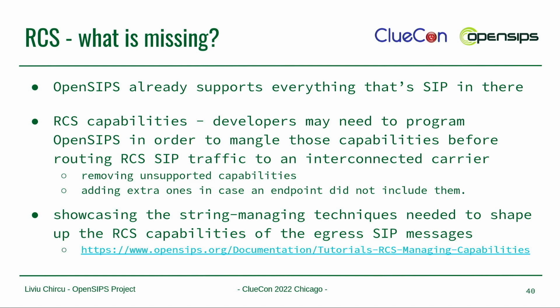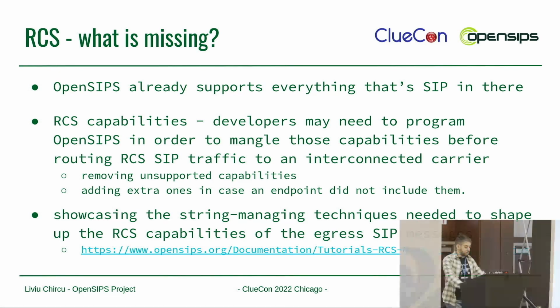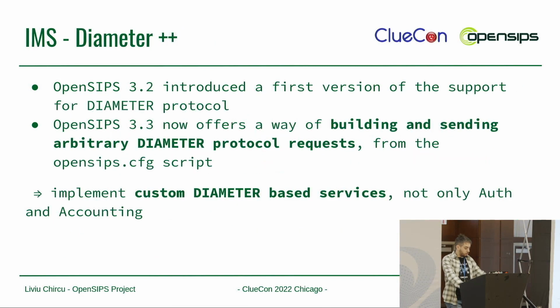For example, when doing an interconnect between RCS providers, each OpenSIPS will advertise using OPTIONS the RCS capabilities it knows. So you will probably need to do some programming to mangle that header. But anyway, that's pretty much the whole support.